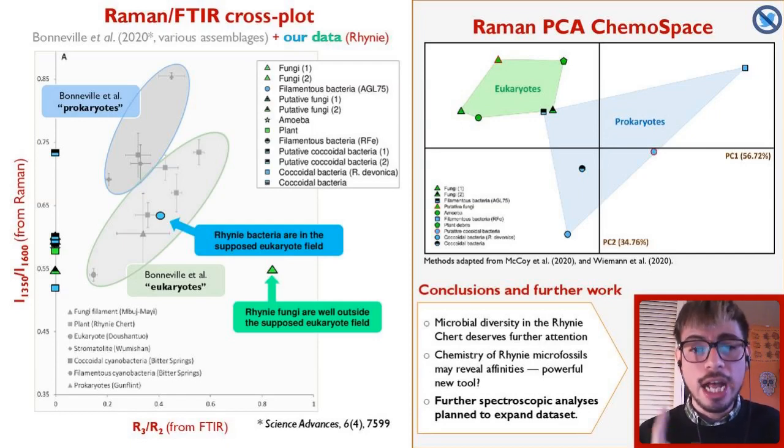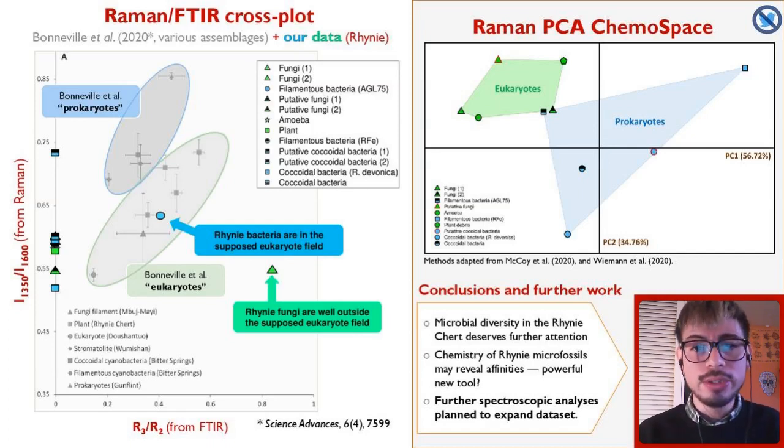Based on this idea. However, our data from the Rhynie chert, superimposed in bolder colors, does not fall out according to this method. We have, for example, a Rhynie bacterium that is plotting as a eukaryote. We have a fungus plotting all the way out from the eukaryotic whole, and all the ratios were similar in values. So this doesn't quite seem to be working.